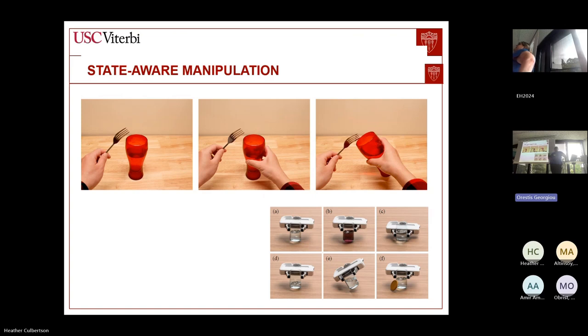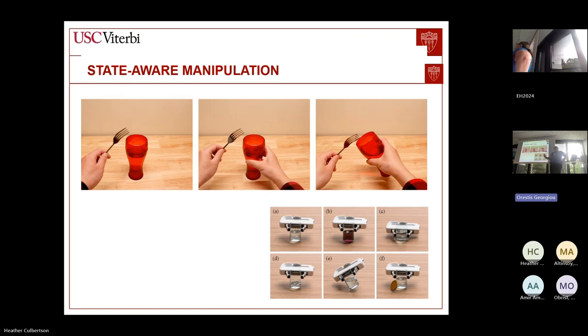We can actually use vibration. Instead of having the robot tap on an object, we can have the robot inject high frequency vibration into an object, and then look at how that vibration gets distorted as it passes through the object.